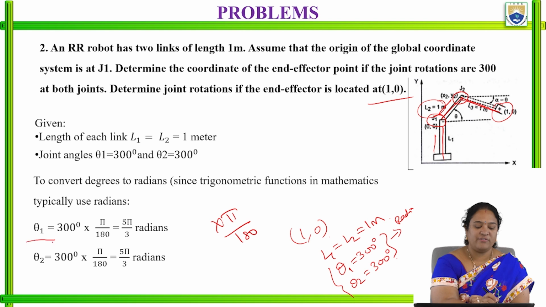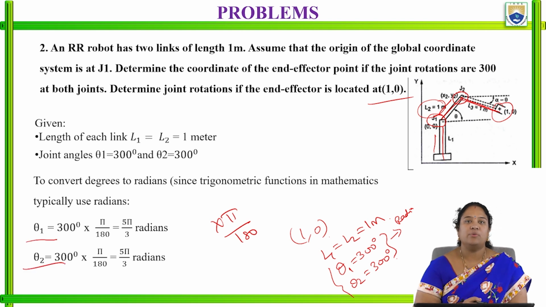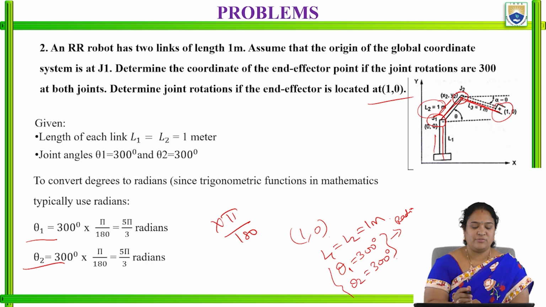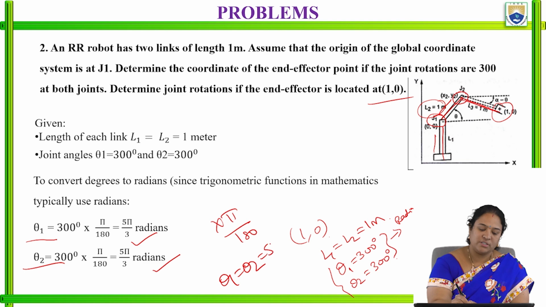So here theta 1 is equal to 300 degrees into pi by 180, which we are getting as 5 pi by 3 radians, and theta 2 is 300 into pi by 180, which is again 5 pi by 3 radians. That is, theta 1 is equal to theta 2, which is 5 pi by 3 radians.